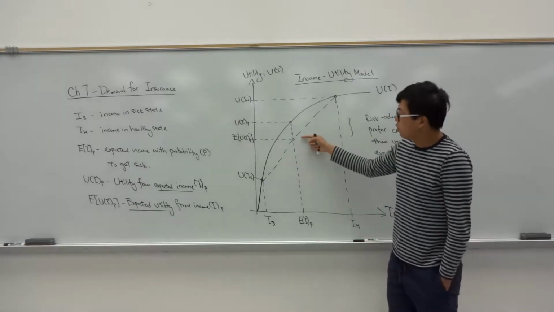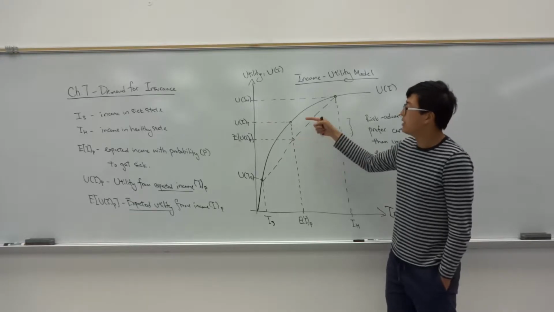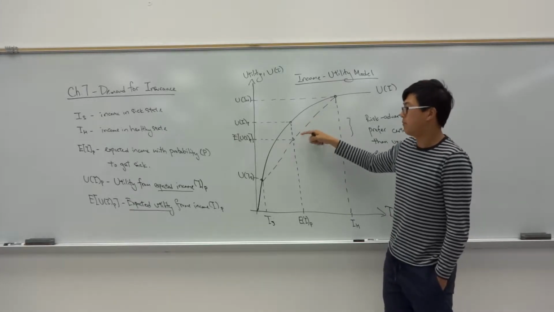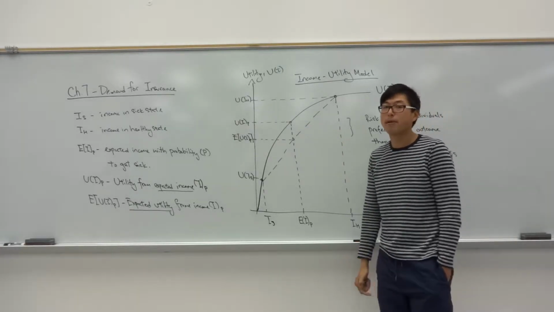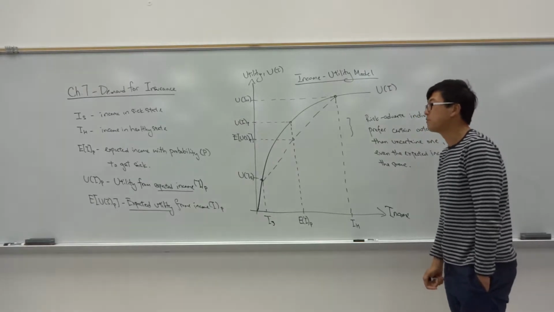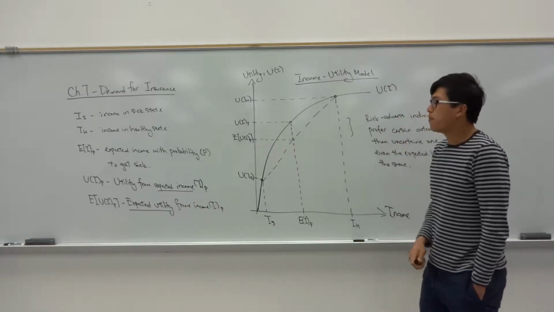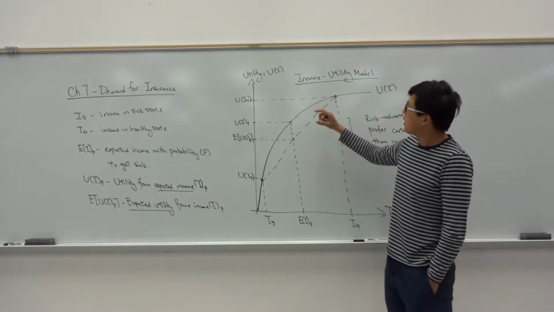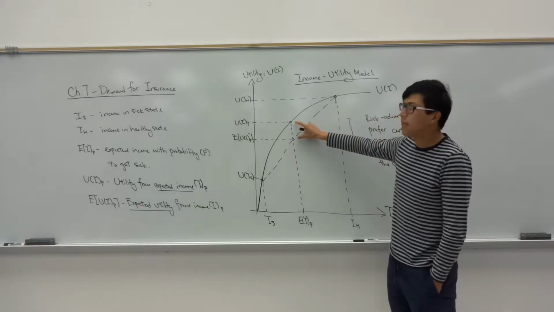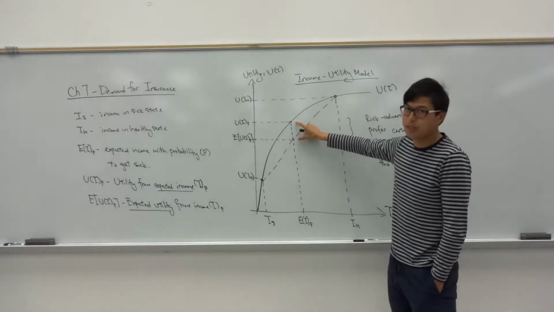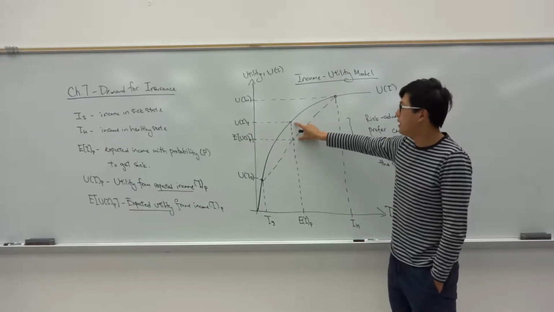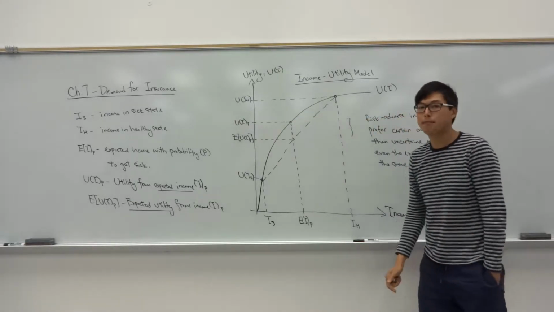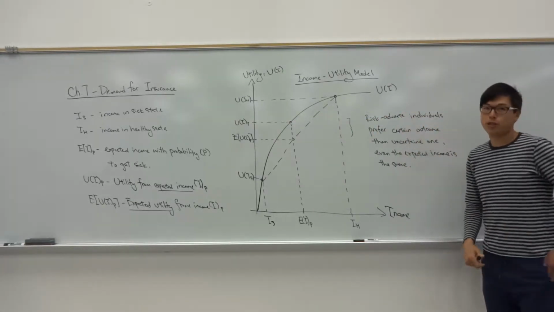So the expected utility from income I(P) and the utility from the expected income I(P) are 2 different concepts, which we have described in the PowerPoint videos. But one very important thing to illustrate in this diagram is that this income utility model shows that when people face unexpected events or uncertainty in life, the utility will not be as high as when the outcome is certain. We call these people risk-averse individuals.